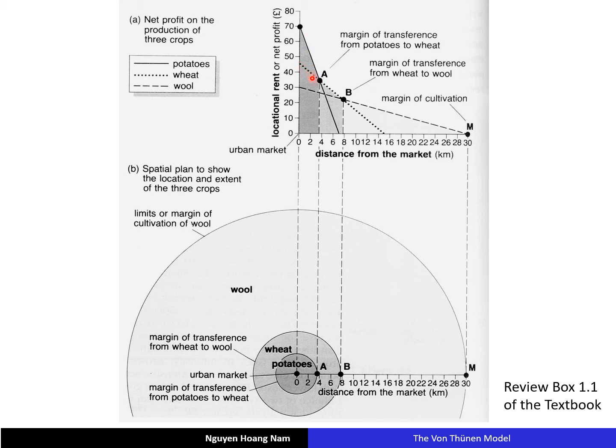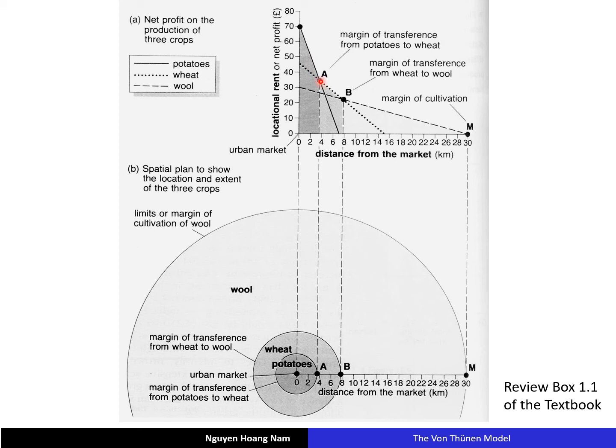We don't choose this one because within 0 to 4 kilometers, this one provides higher location range. We don't choose this one either because within 0 to 4 kilometers from the city center, this one provides us the highest location range.